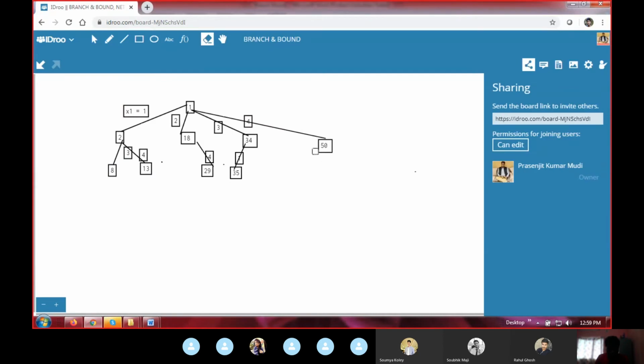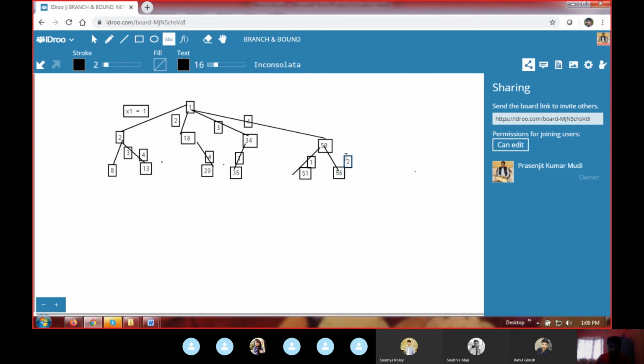We want to explore 50, and while exploring 50, we will eventually see that the picture will be looking like 51 and 56. Their corresponding states will be x2 equal to 1, x2 equal to 2.